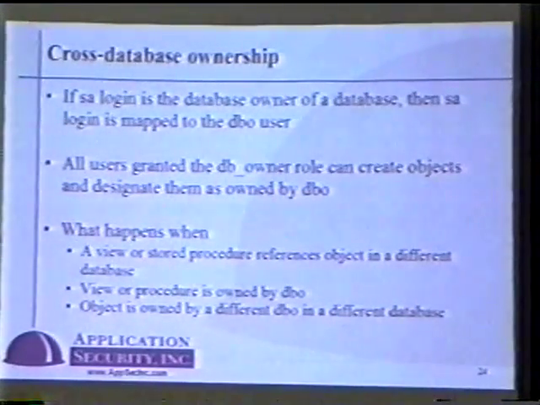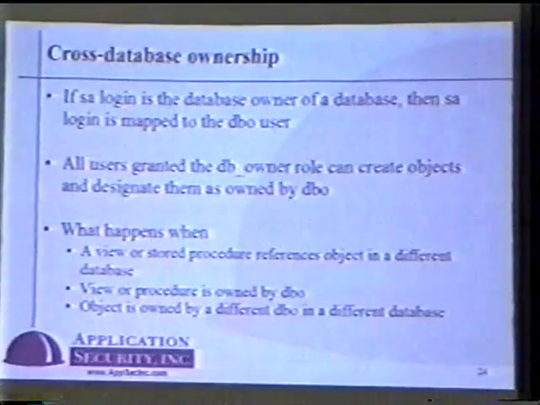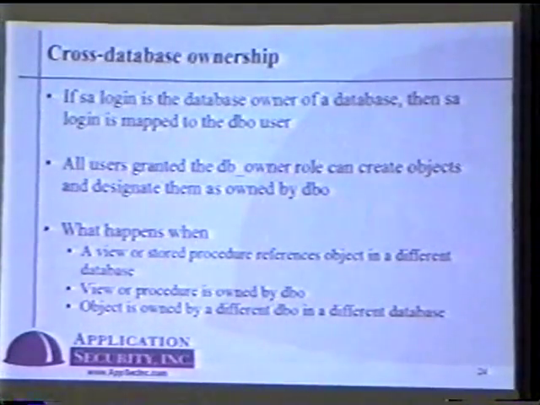If the SA login is the database owner of any database, then the SA login is mapped to the dbo user. Also, all users that are members of the db_owner role can create objects and designate them as owned by dbo. This means that all members of the db_owner role can use the dbo prefix when creating an object.